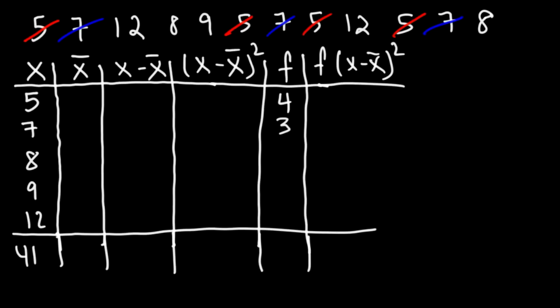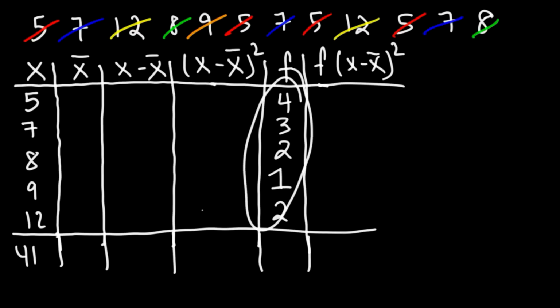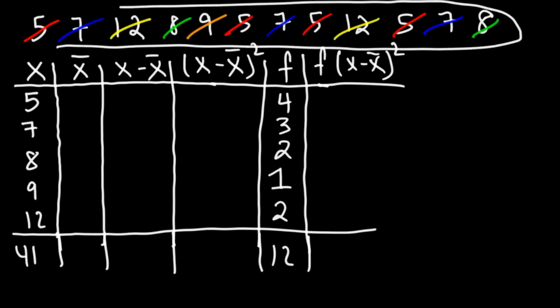The next number is 8, and we have 2 eights. For 9, we only have 1 nine. And for the last number, 12, we have 2 twelves. Adding the frequencies together, the total number we have is 12.